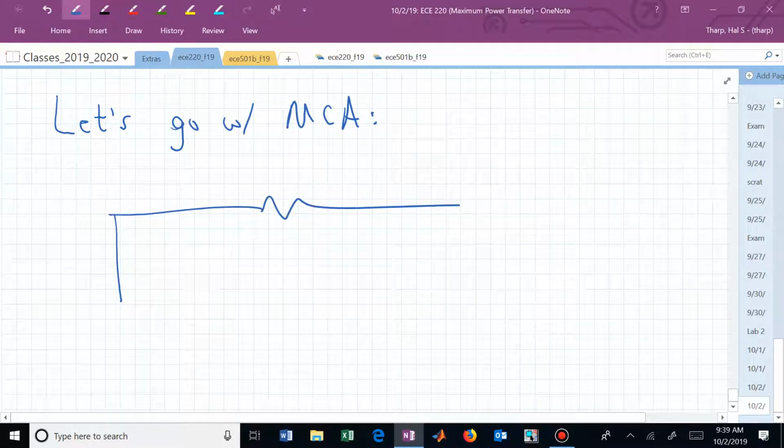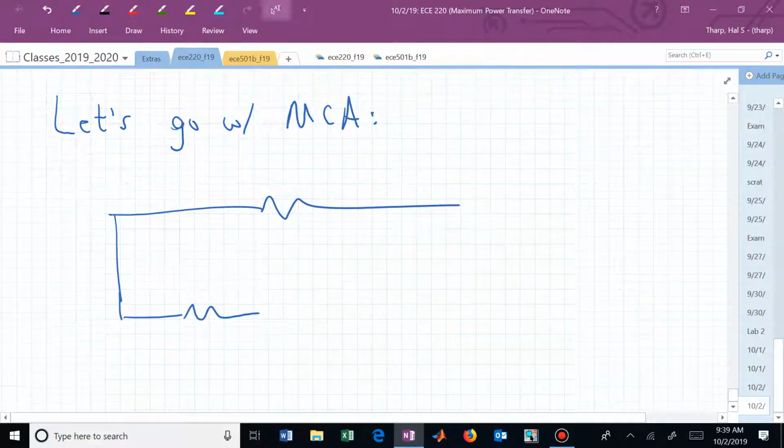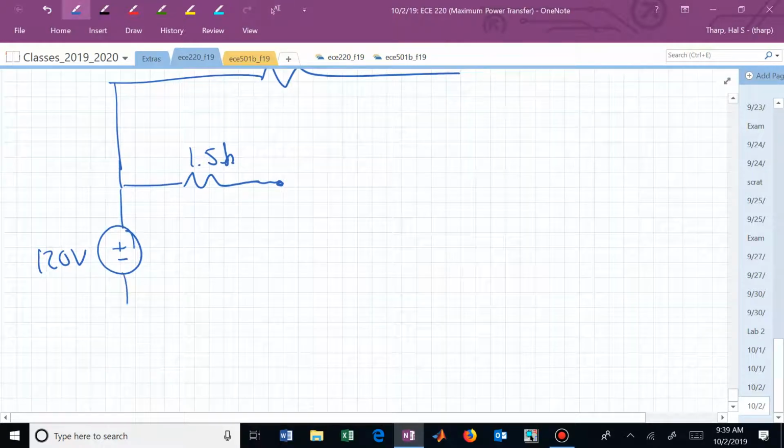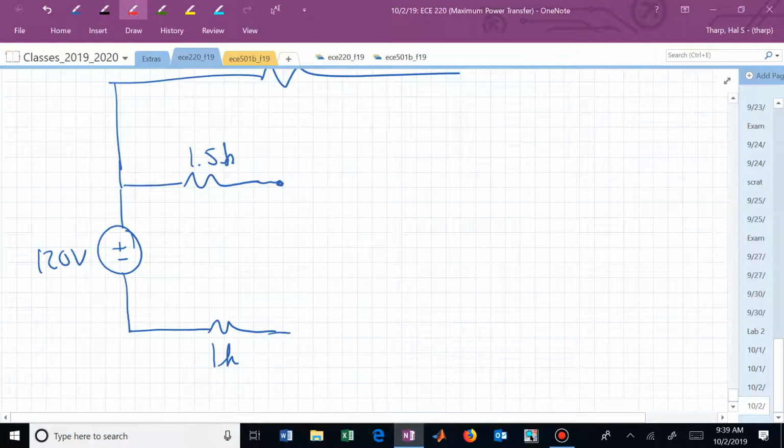Resketching, accounting for opening up the connection between nodes A and B. Oh, and I had an I beta here, I think.